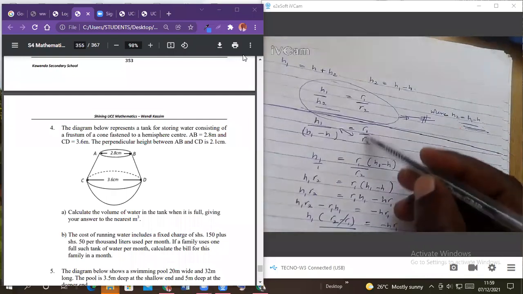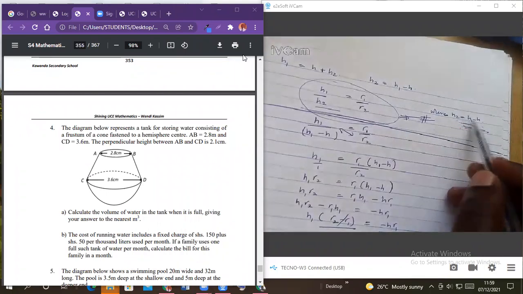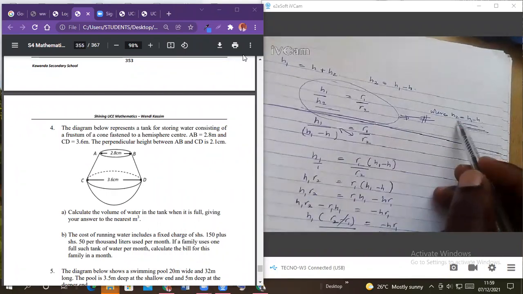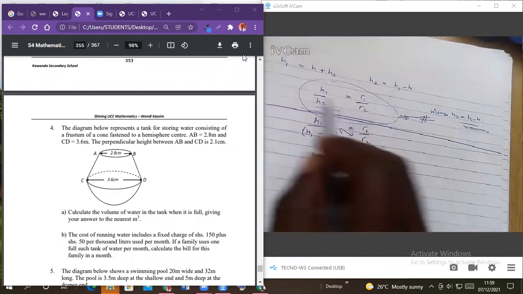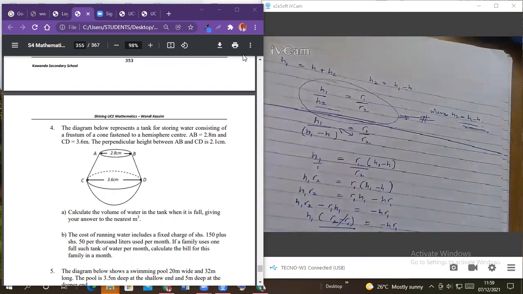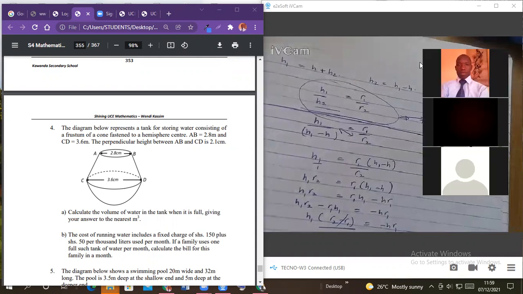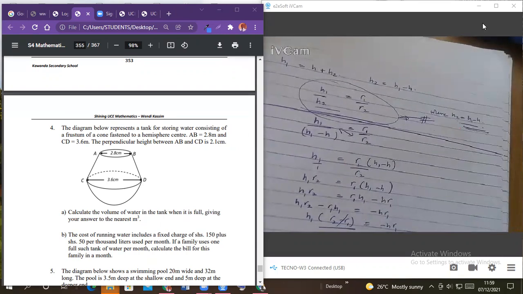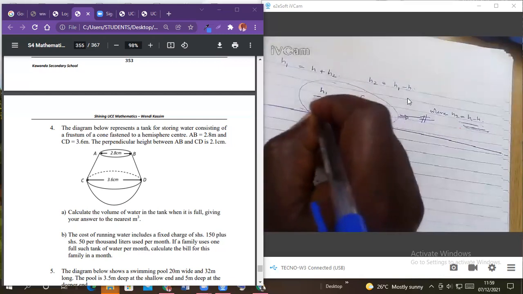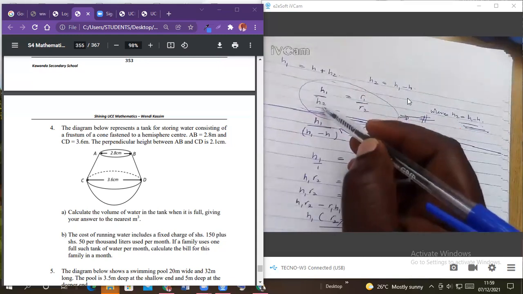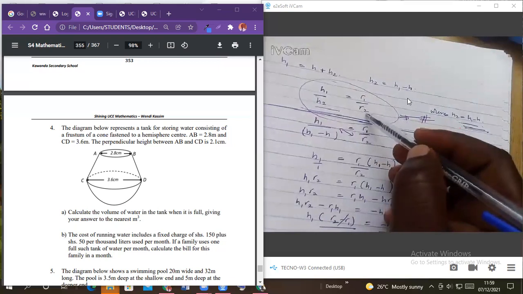What goes on here may not matter most, because if you have your values here, you just substitute, you get H2, then you put H2 here, and if you have R1 and R2, you can get H1. This one was just a matter of algebra, which they put in the book. Maybe someone wanted to make his book a bit bigger, but this is the point: H1 over H2, the height of the image over the height of the object, equals the radius of the image over the radius of the object.